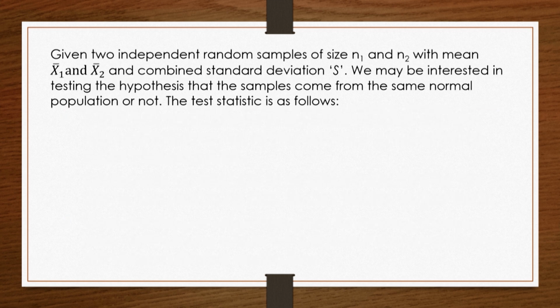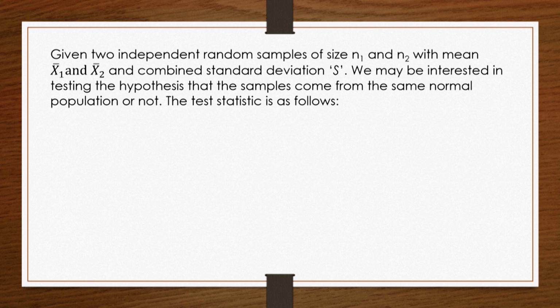Given two independent random samples of size n1 and n2 with the corresponding means x1 bar and x2 bar, and combined standard deviation capital S, we may be interested in testing the hypothesis that the sample means come from the same normal population or not.